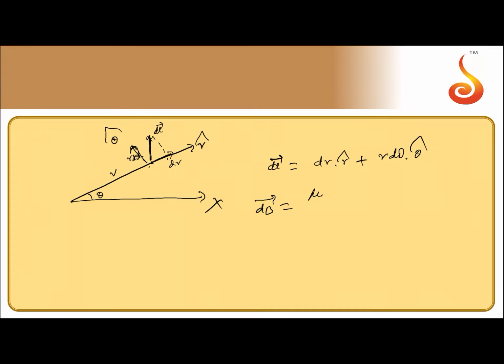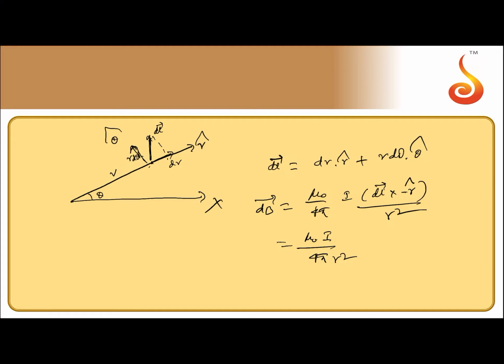So dB will be mu naught by 4 pi I dl cross minus r cap by r square. So this will be mu naught I by 4 pi r square.